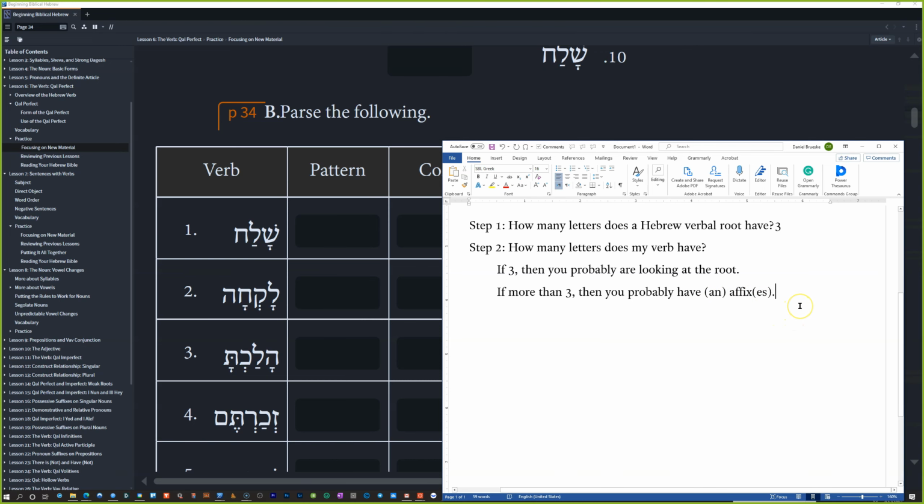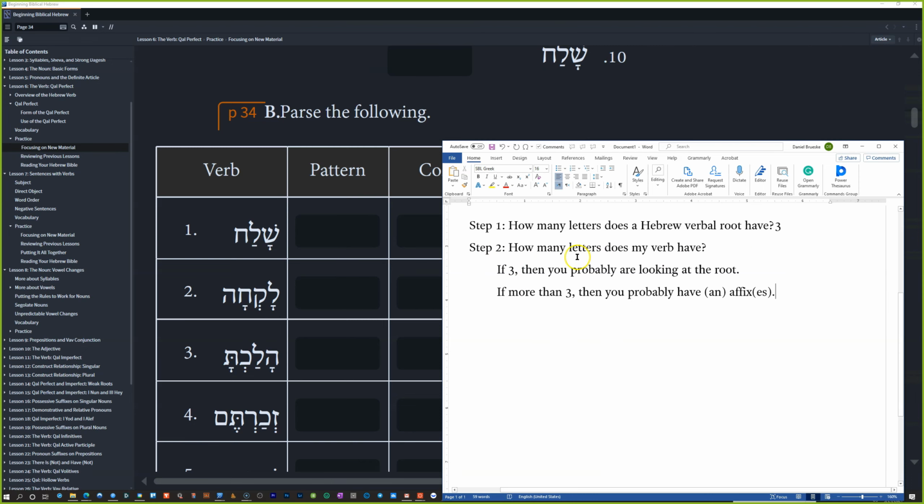Well, an affix is the broader category into which we would categorize prefixes, suffixes, and even infixes. A prefix comes before the word, it's added to the beginning of a word. A suffix comes after a word, it's added to the end of a word. And an infix is inserted into the middle of a word. Prefixes, suffixes, and infixes are all affixes. And affixes are a big part of how we identify a verb and parse it in Hebrew.